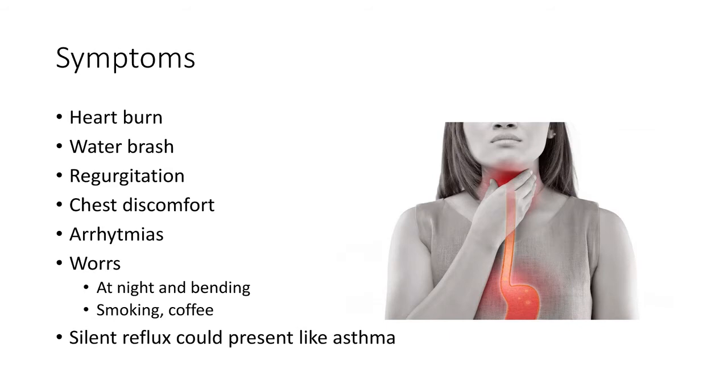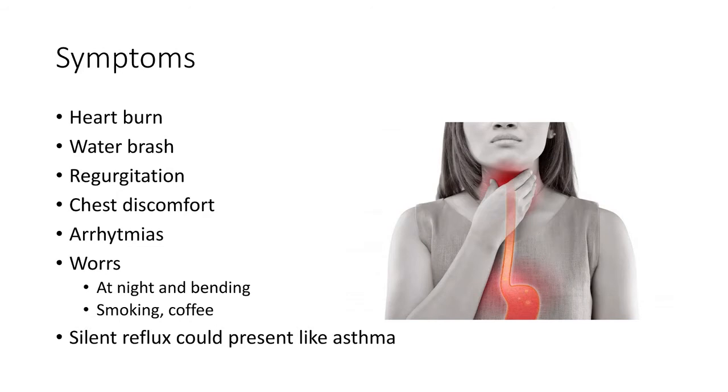Regurgitation is a very common and very important symptom. When the patient bends forward, and sometimes even without, they will get volume of the stomach contents that goes back up into the esophagus, and that's very damaging.